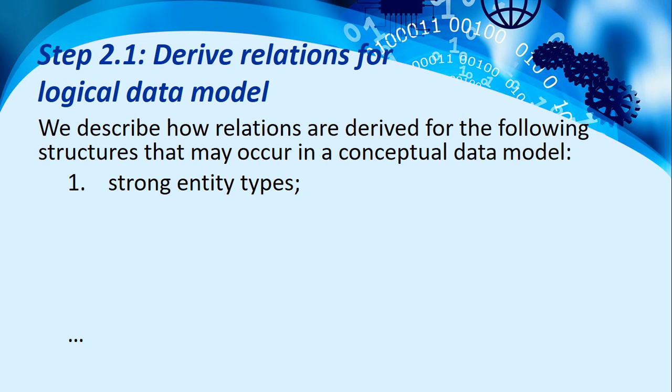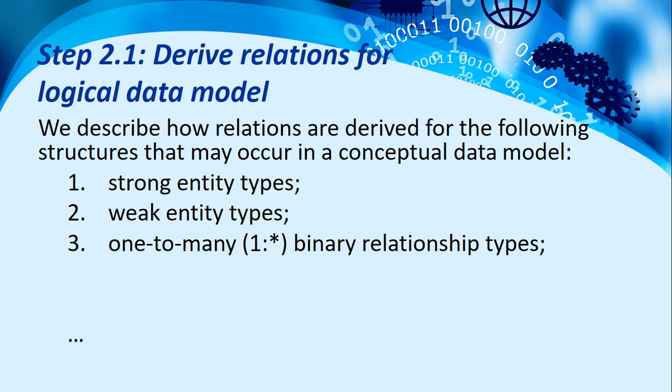So, strong entity types. I'm sure you already know what these are. This was discussed in the very first lesson. Weak entity types, the one-to-many binary relationship types. When we say binary, yung involved sa relationship is dalawang entities. Kasi kung tatlo, third party na yan, that's ternary na.